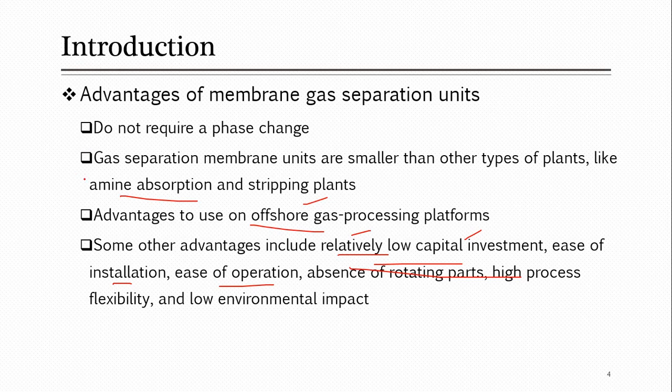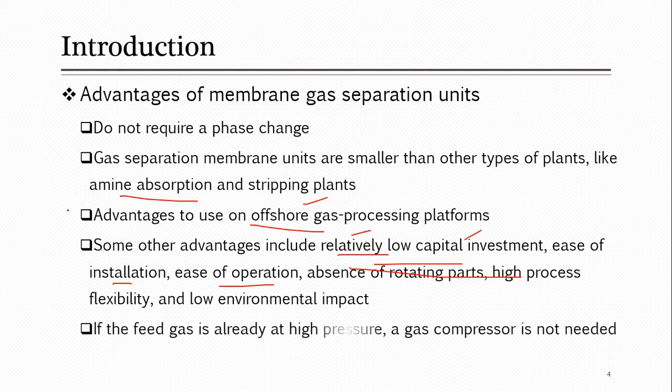Majorly it is used in gas plants for separation of liquid hydrocarbon from gases, or for removal of acidic gases from natural gas or other gases. For all those applications, these will definitely have a low environmental impact as compared to those amine systems.